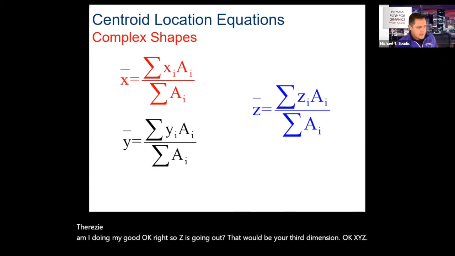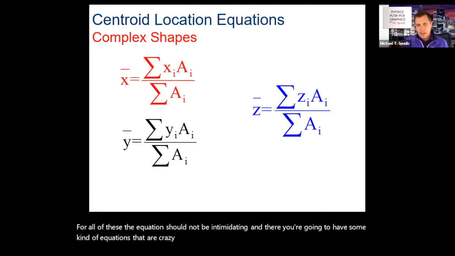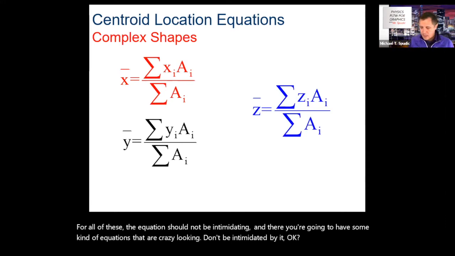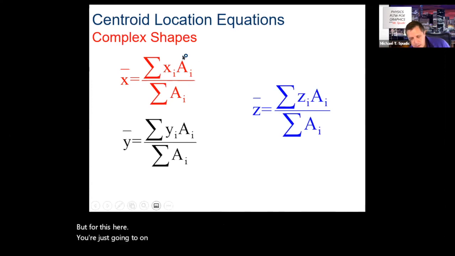For all of these, the equation should not be intimidating. You're going to have some equations that are crazy looking. Don't be intimidated by them. For this, let's just deal with the X value.